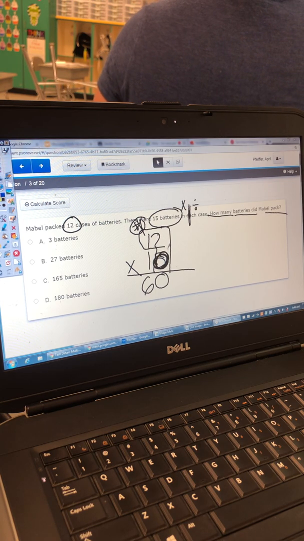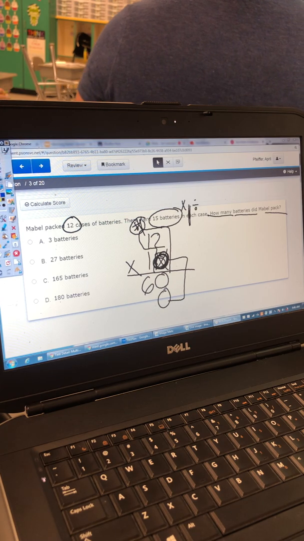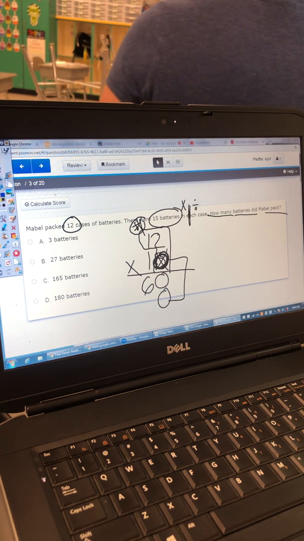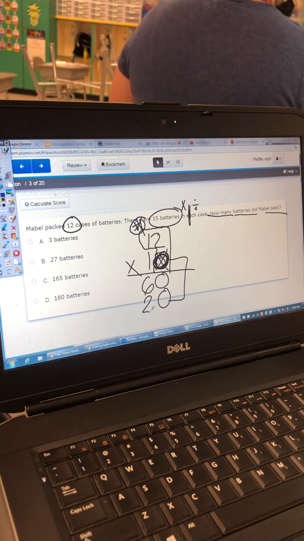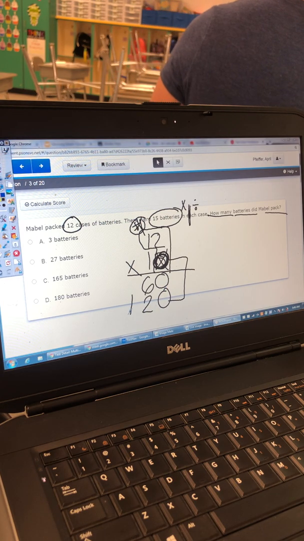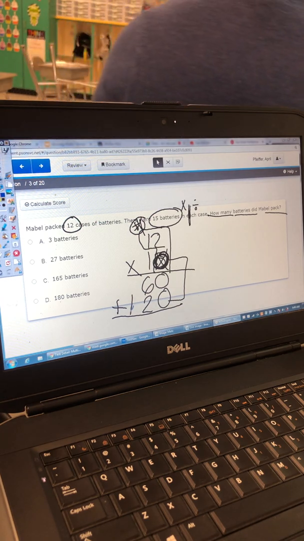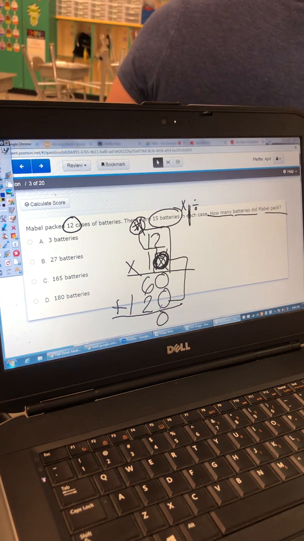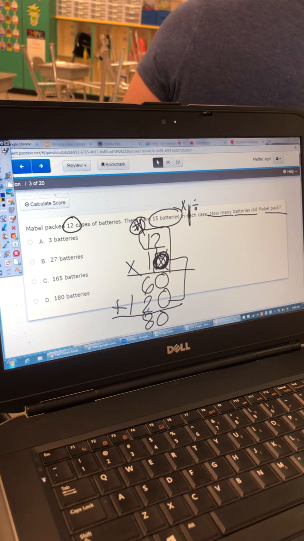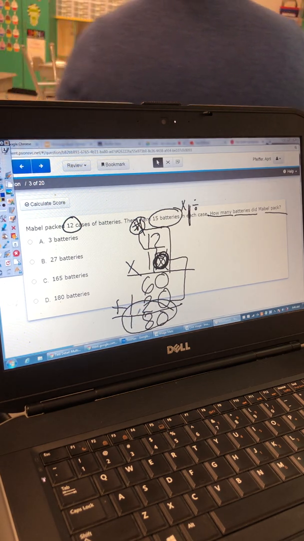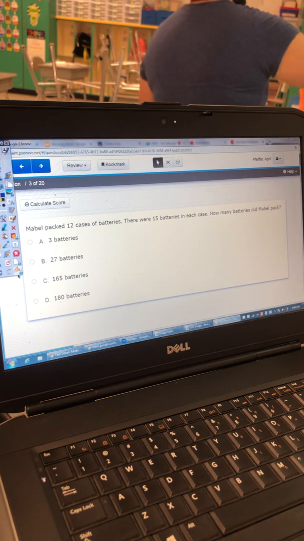So I give them a 0, and I cross it out and bring it down. I say 1 times 2 is 2. 1 times 1 is 1. Then I need to add. 0 plus 0 is 0, 6 plus 2 is 8, 1 plus 0 is 1. The answer is D, 180.